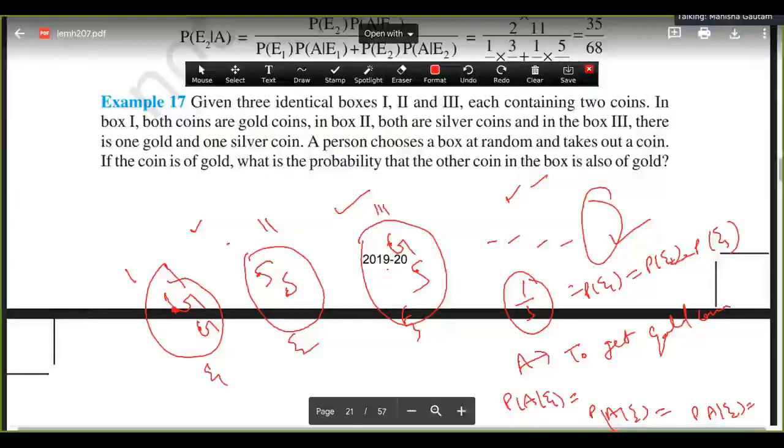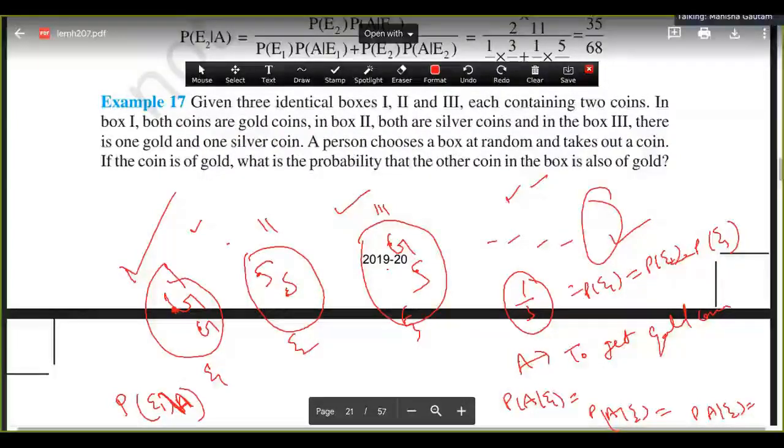It is only possible in the case of the first box, because 2 gold coins are there in E1. You want to calculate probability of E1 if A already happened. This is the if sign. Probability of E1, A happened.